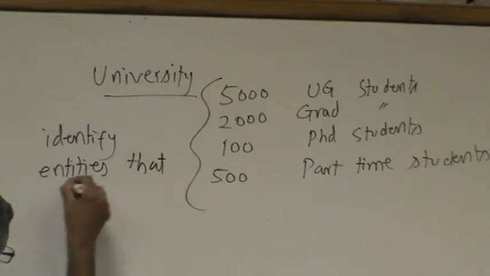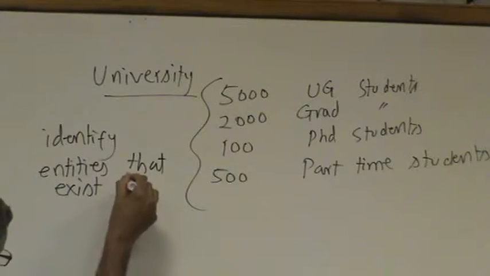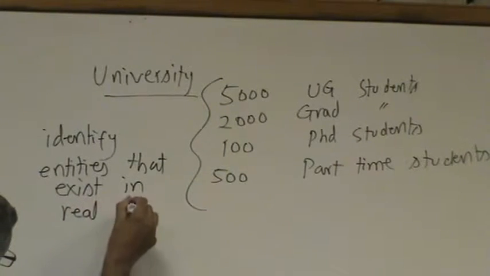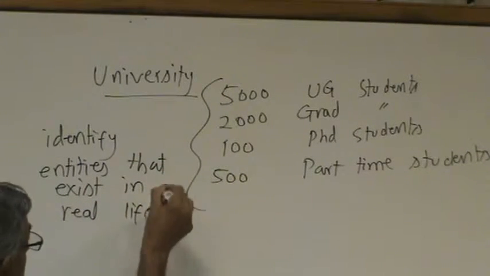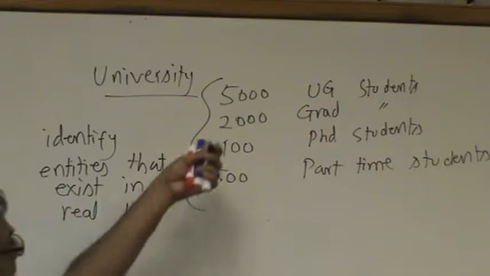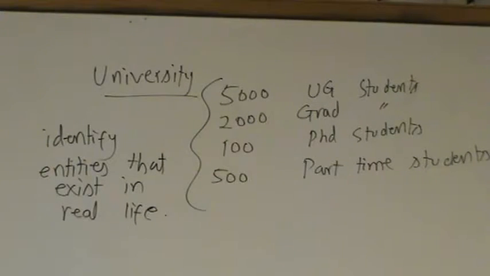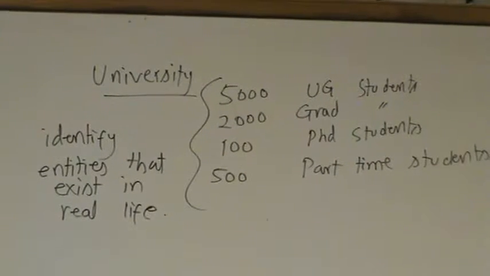For example, in this case, in a university, these are the objects or entities, or however you want to think of it. These are the real things that ultimately we need to store data for, right?